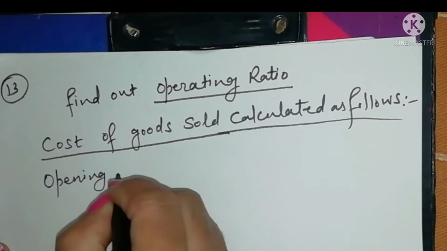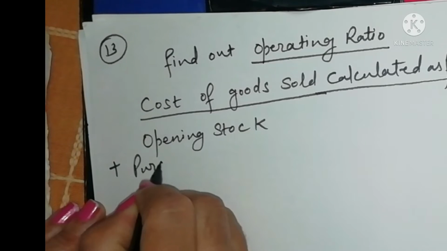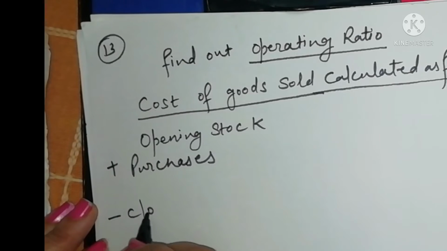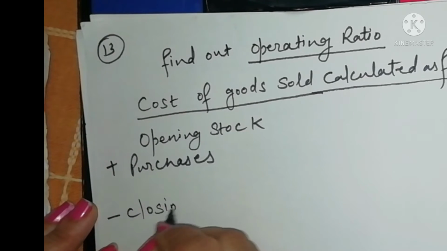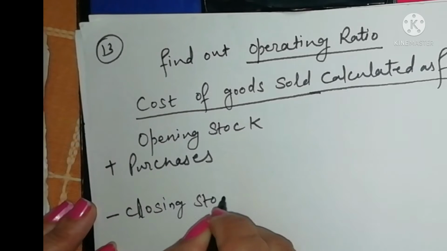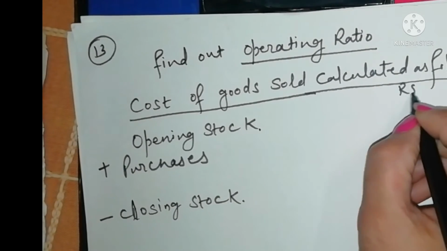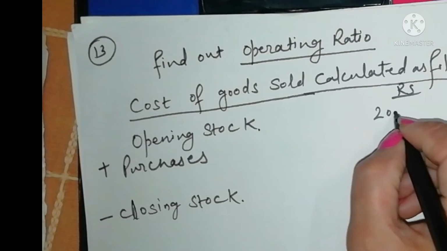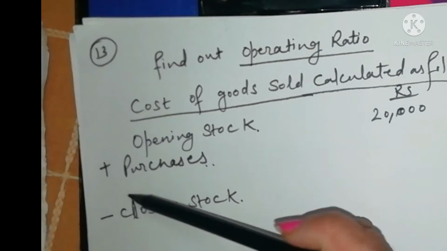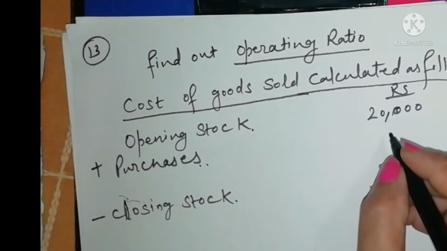So how can we calculate the cost of goods sold? Firstly we will write the opening stock, add purchases, and from these values we will subtract the value of closing stock. As you know, by preparing a trading account we can also find the value of cost of goods sold. So opening stock value is given, that is rupees 20,000, because opening stock is available at cost, purchases is also available at cost, and closing stock is also available at cost.